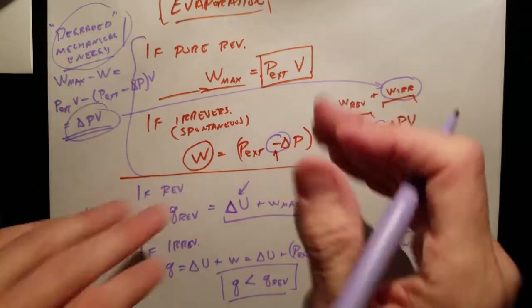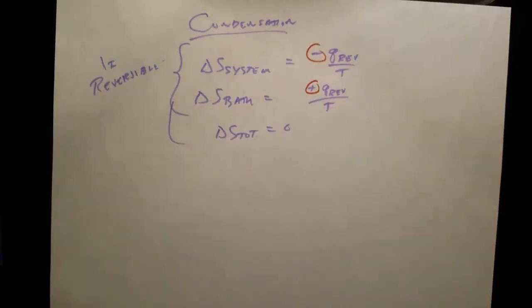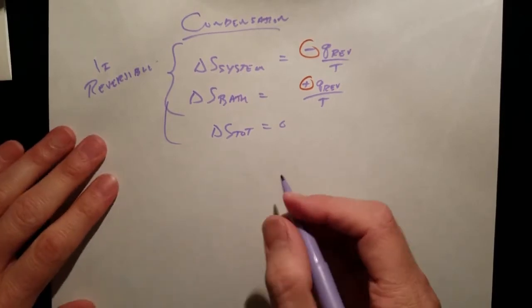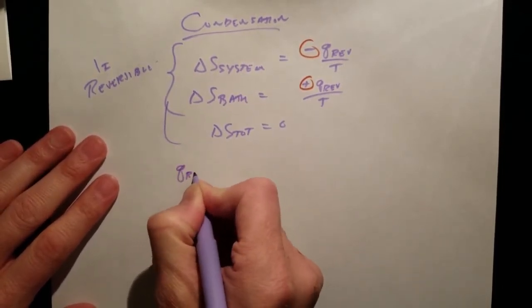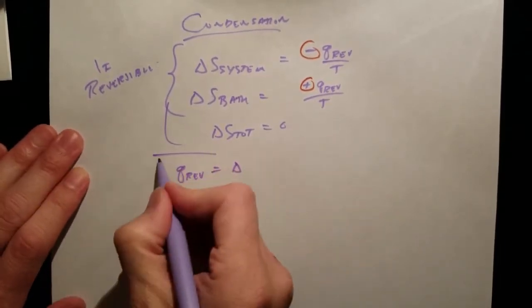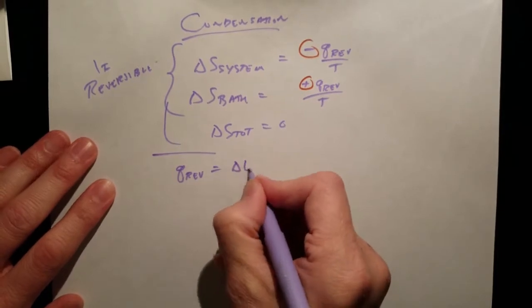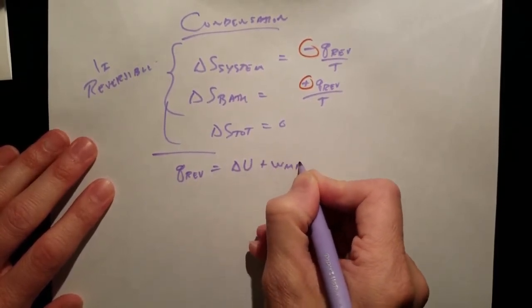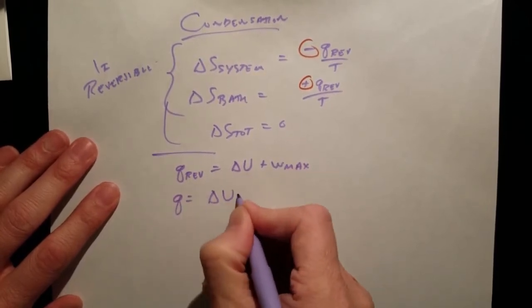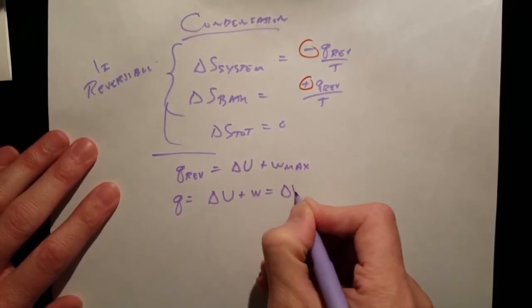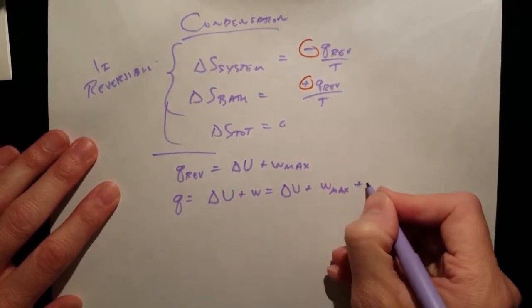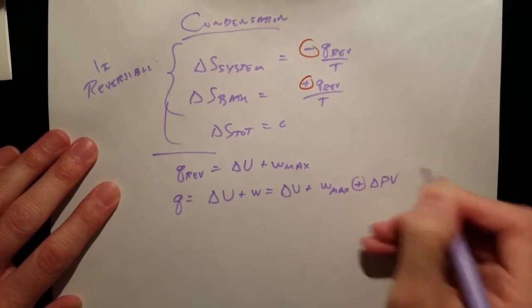We're compressing the gas to get condensation, which means that our Q reversible is equal to delta U plus W max, and Q is equal to delta U plus W max plus delta PV.